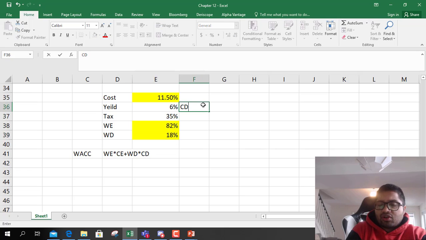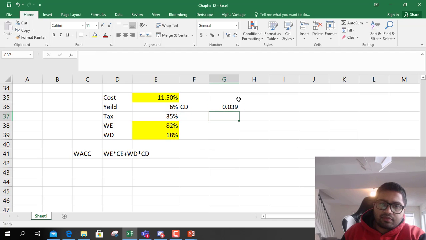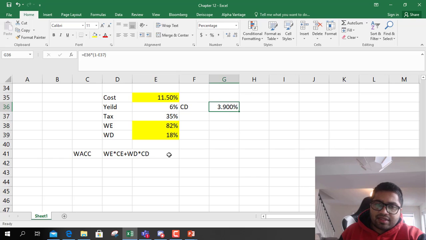So we can find out the cost of debt. Cost of debt is always yield into 1 minus tax. Tax rate is 35%, so 1 minus 35%. So cost of debt is 3.9%.